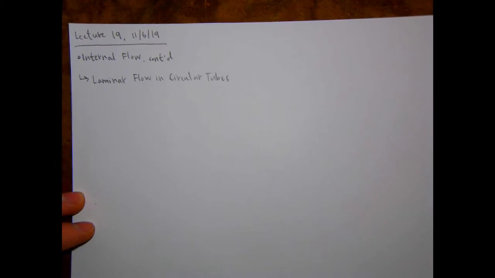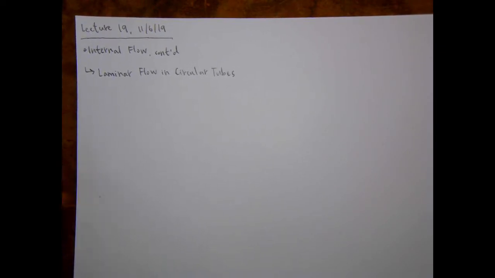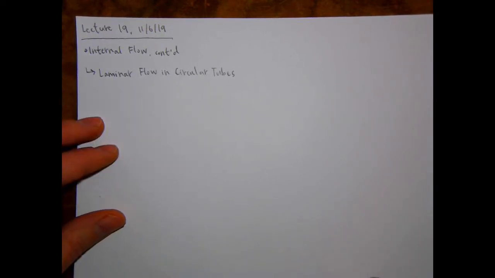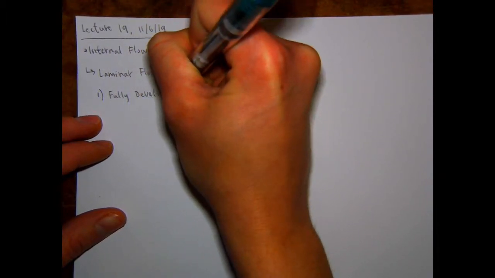Okay, so we'll talk about now laminar flow in circular tubes. And we talked about how there are two regions in internal flow.